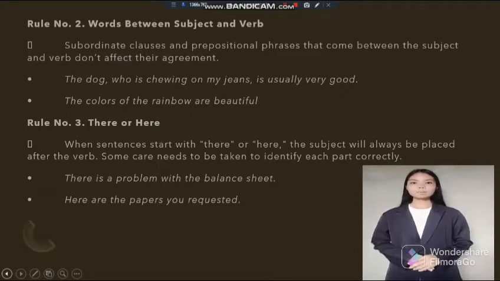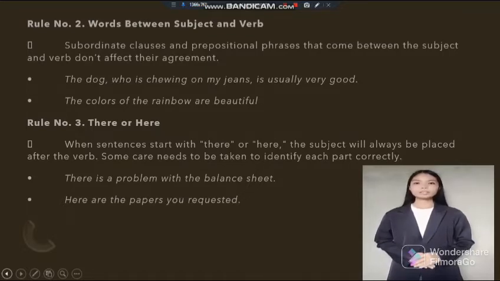Another example is, the colors of the rainbow are beautiful. The subject in this sentence is the colors, followed by the prepositional phrase of the rainbow, and the verb are. The subordinate clauses and prepositional phrases in these sentences don't affect the subject-verb agreement.